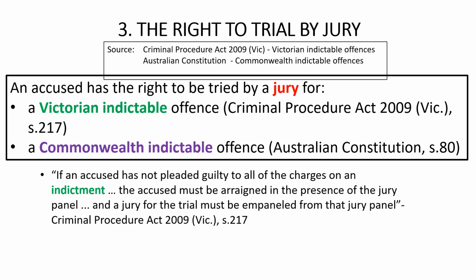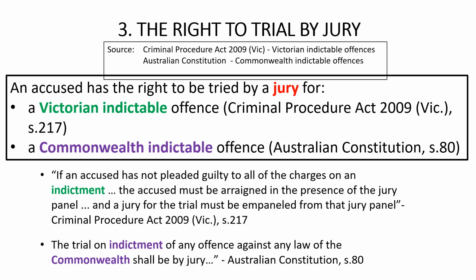This section gives an accused the right to be tried by a jury for a Victorian indictable offence. The second source of this right is Section 80 of the Australian Constitution. This section gives an accused the right to be tried by a jury for a Commonwealth indictable offence.